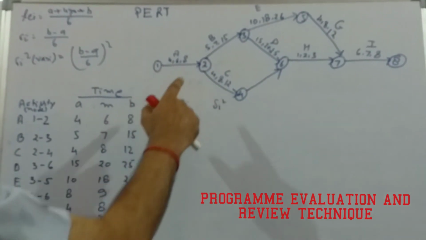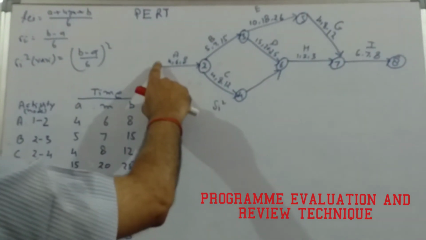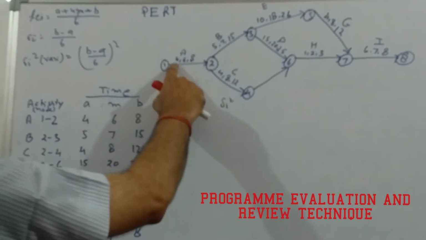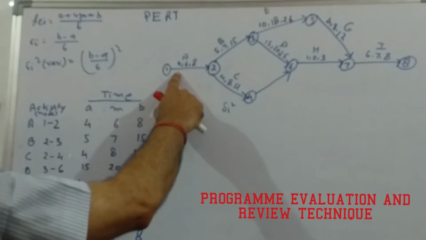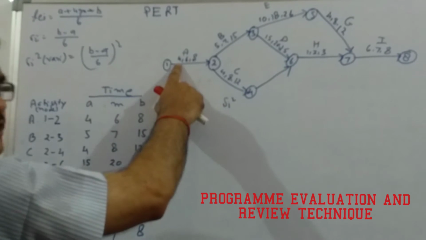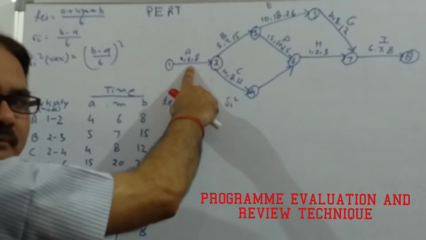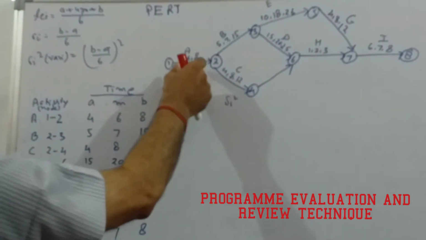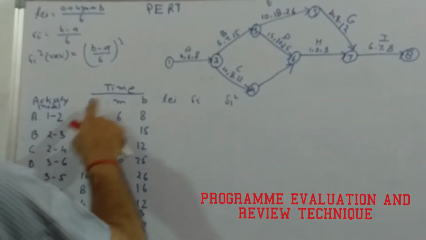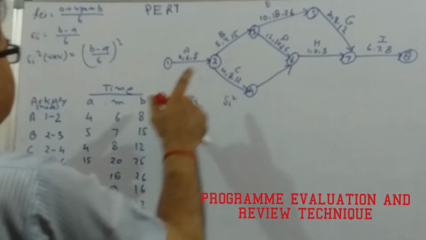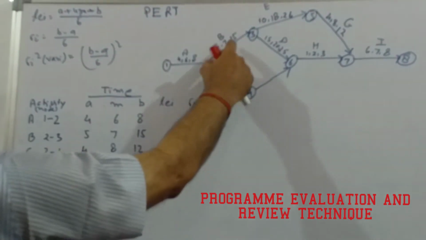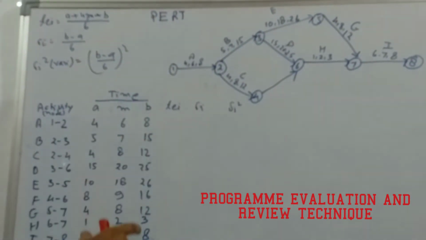So what normally we do is first of all write down A, that is optimistic time, M, most likely time, and B, pessimistic time, the three times above the activity. Like here, for activity A, 1 to 2, it is 4, 6, 8. For example, activity B, with node 2 to 3, above this arrow it is 5, 7, 15. So here the different times are given.